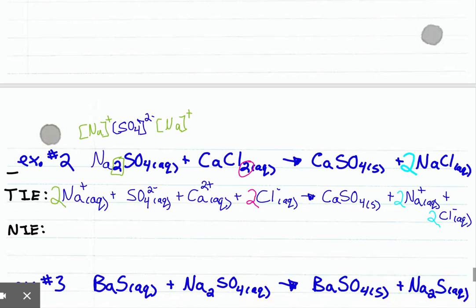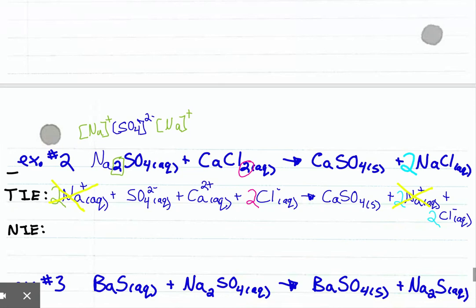In order to get our net ionic equation, we are going to eliminate or scratch out our spectator ions. So you can cross out anything that appears identically on both sides of the equation. So if I look, I have 2 sodium ions in my reactants, and I have 2 sodium ions in my products.